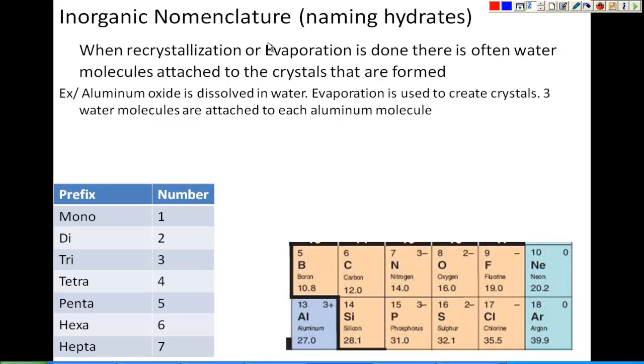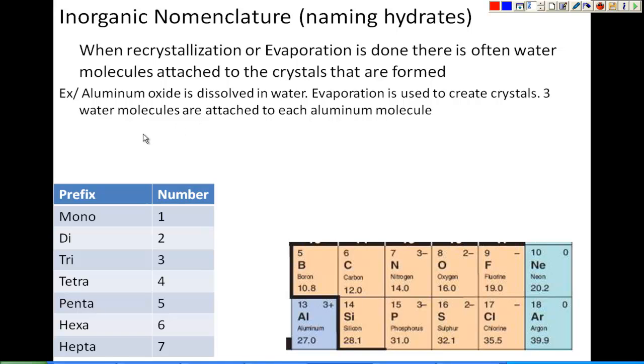Well, in the process of making some of these ionic structures, like by using evaporation or recrystallization, water is often stuck to these ionic molecules or ionic compounds, and it adds some mass and some size to that molecule, and therefore it has to be taken into account.